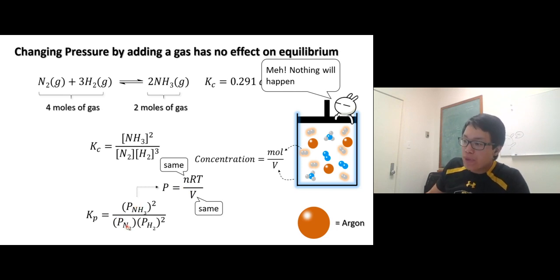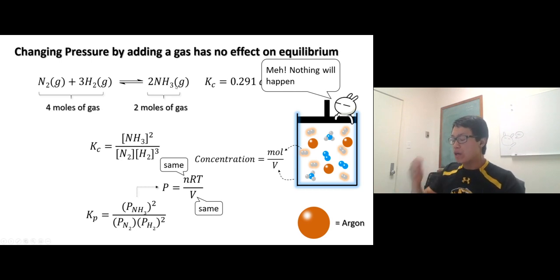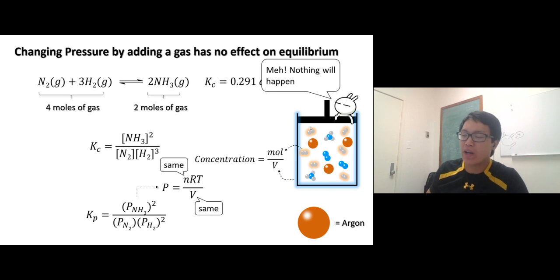The partial pressure of nitrogen doesn't change. The partial pressure of hydrogen doesn't change. The only change is the partial pressure of argon, but argon doesn't affect anything here. So increasing the pressure by adding other gases does not affect the gas equilibrium. That's my point. Quite a long explanation, but that's what I mean.